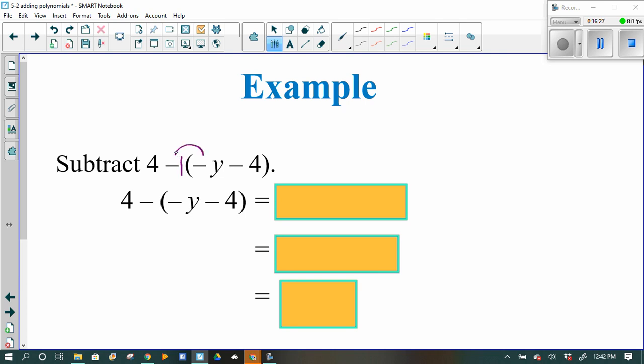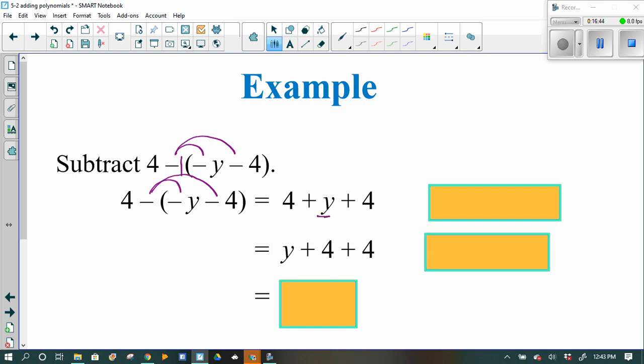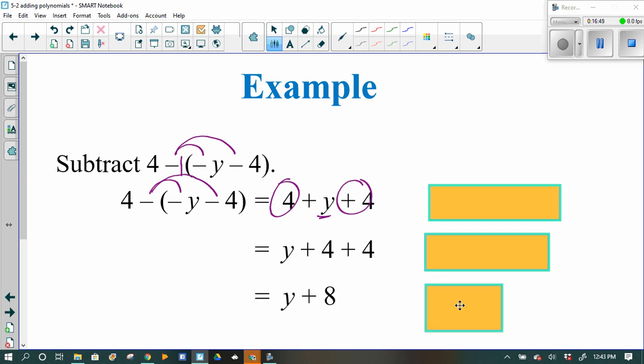So you're going to need to distribute that negative sign to everything inside the parentheses. So negative y times negative becomes positive y. The negative times the negative becomes positive 4. So now I can combine things that are alike. Y is by itself, and then I have 4 plus 4. So your final answer is y plus 8.